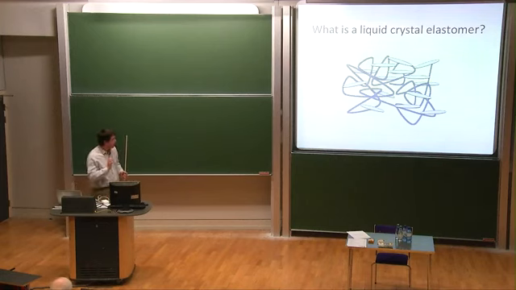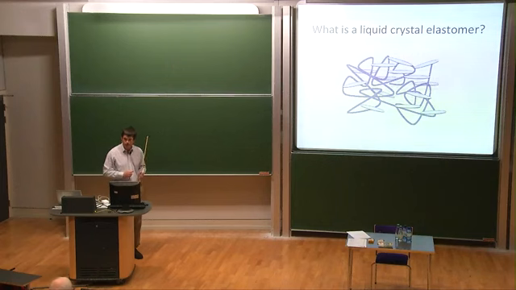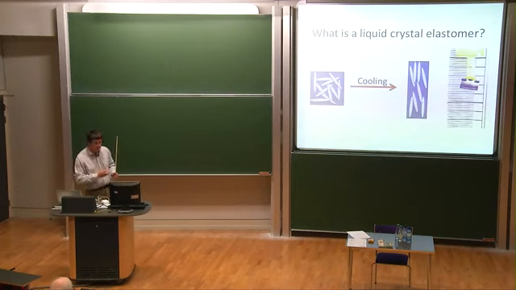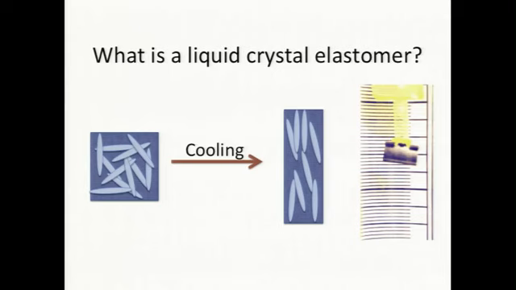The key idea here is that in the liquid crystal phase, you continue to see the same transitions between the different phases as you did in the liquid state, but now they couple to the shape of the solid. So the key phenomenon from which everything else comes is that at high temperatures, your soft solid takes on an isotropic configuration with no liquid crystal order inside it, and then you cool, and the rods form a nematic phase, and along the direction in which the nematic phase is pointing, there is a large stretch, a large shape change.